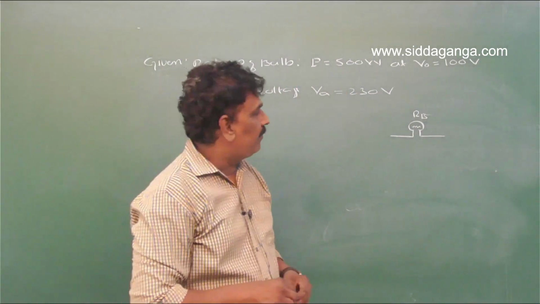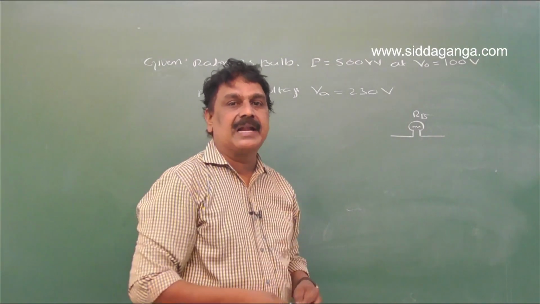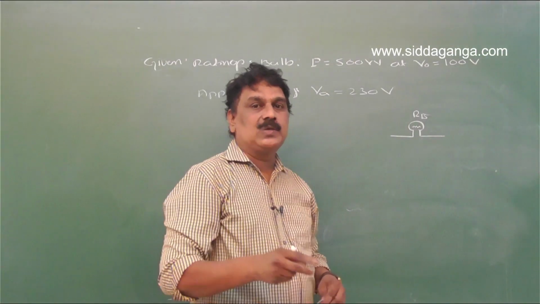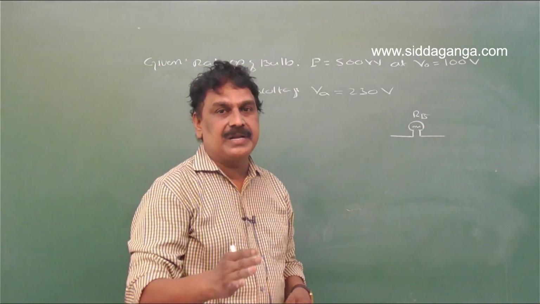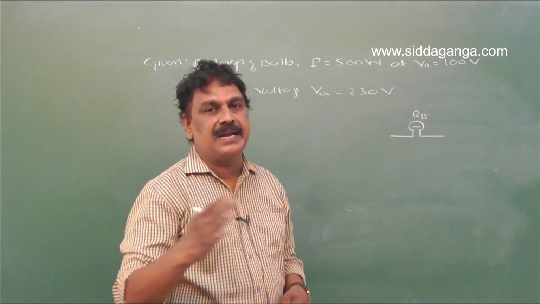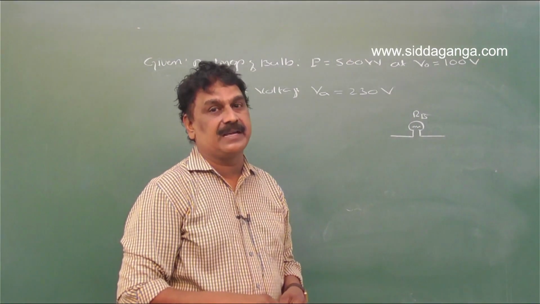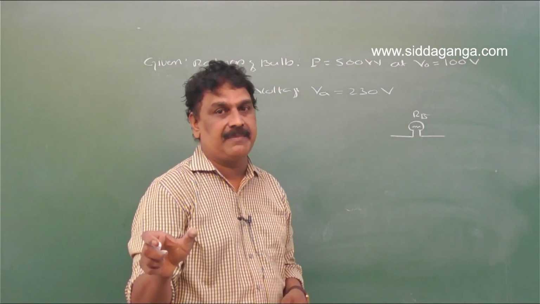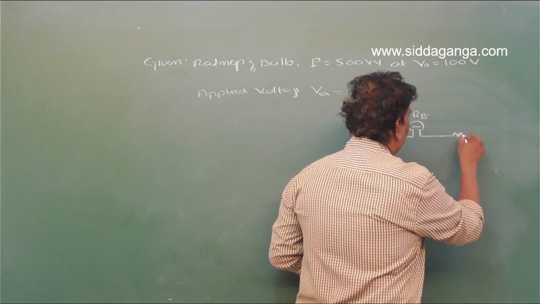The remaining voltage has to be shared by some other component. We know that in series combination of resistors, potential difference divides and current remains the same. But in parallel combination of resistors, potential difference remains the same but the current divides.